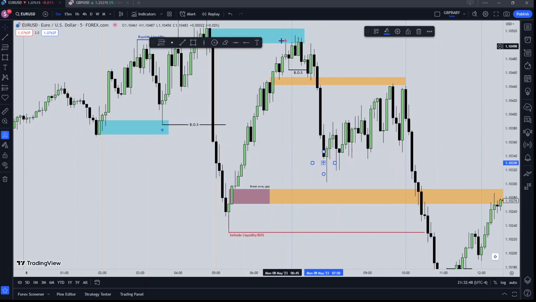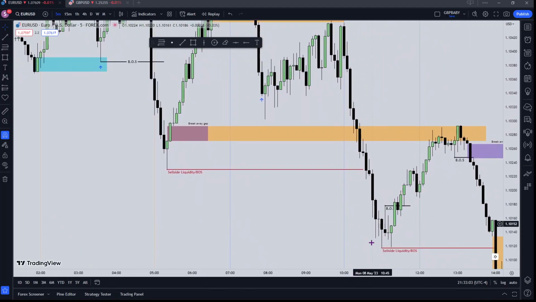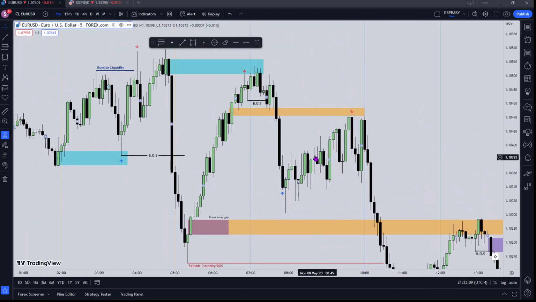So this is me letting go of this sale. I could add to my position at this fair value gap. And then I'd let off all my stops below this low. So I'm going to put 2 here because I've got 2 entries. 1 and 2.